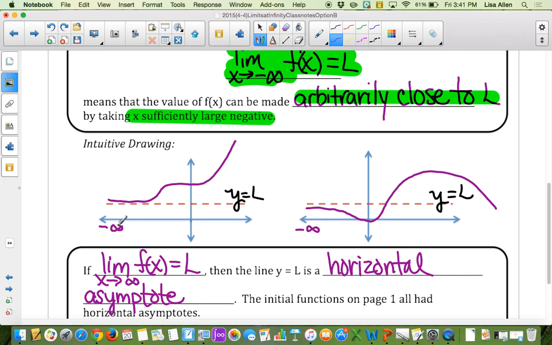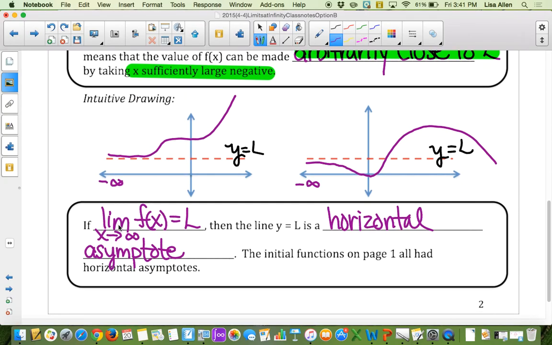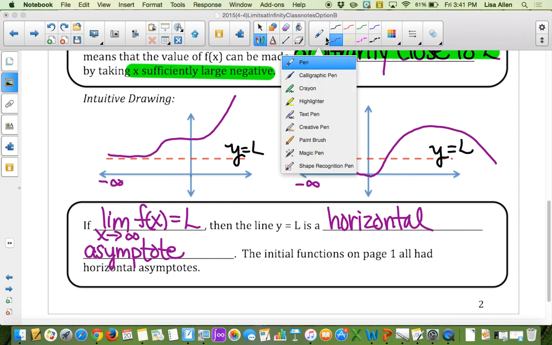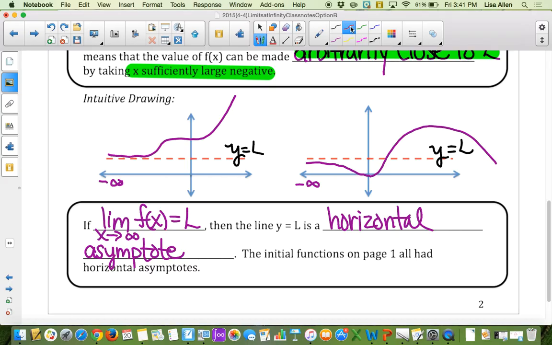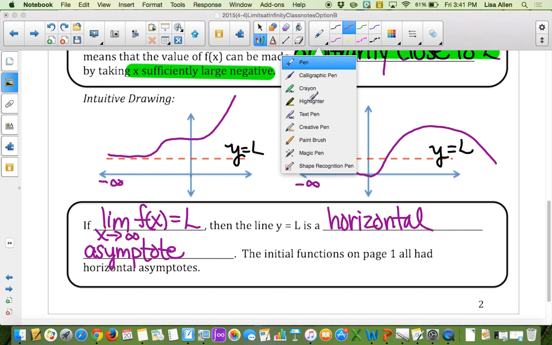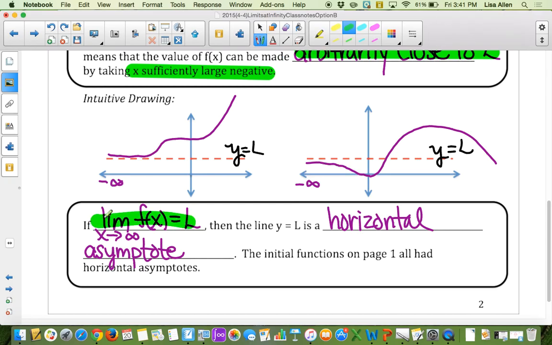So then we know that if the limit as x approaches infinity of f of x is equal to L, then we can say that y equals L is a horizontal asymptote of the function. The initial functions on page 1 all had horizontal asymptotes.